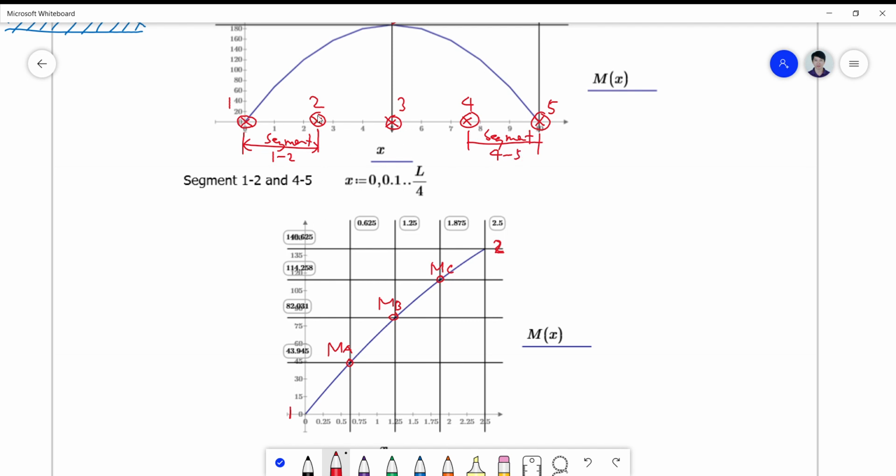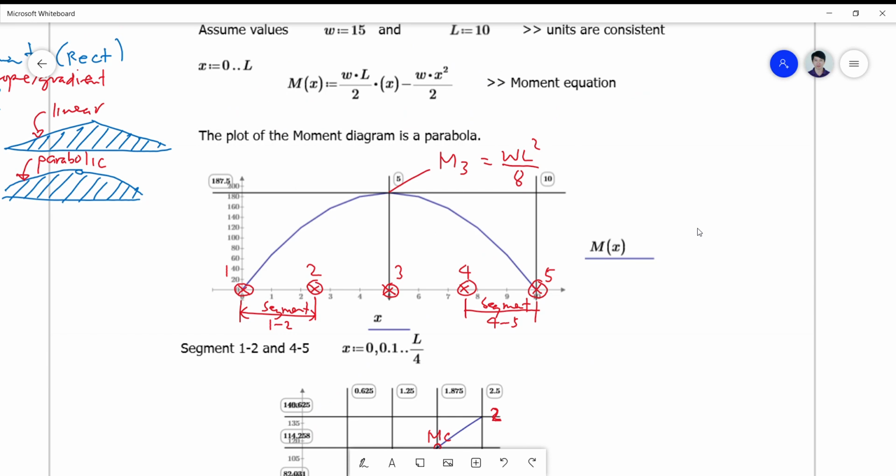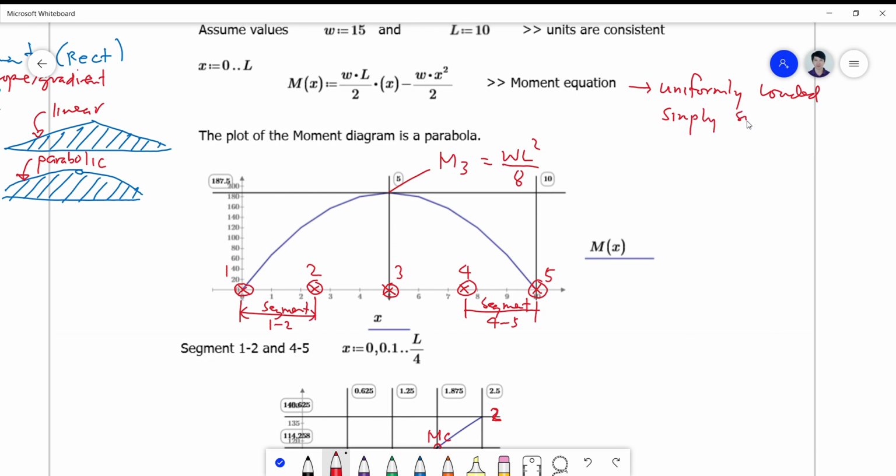Okay, so how do I get the moment? So I need to make use of a formula, and the formula is simply this one above. And this is only applicable, take note, for uniform loading. Uniformly loaded, simply supported. Okay?